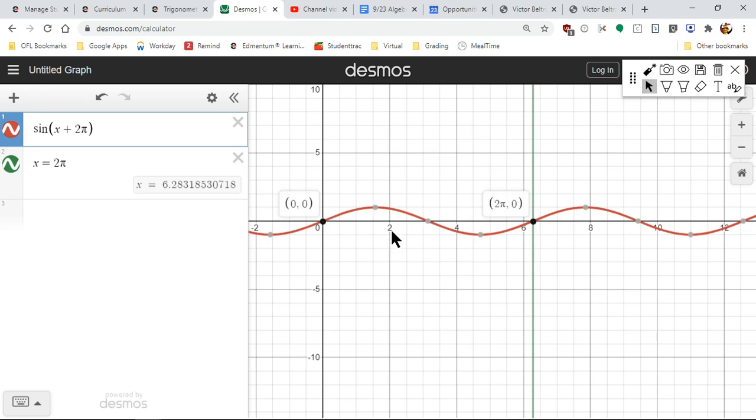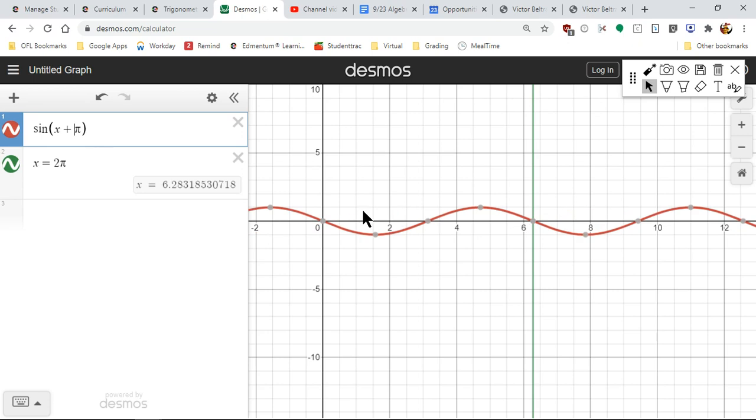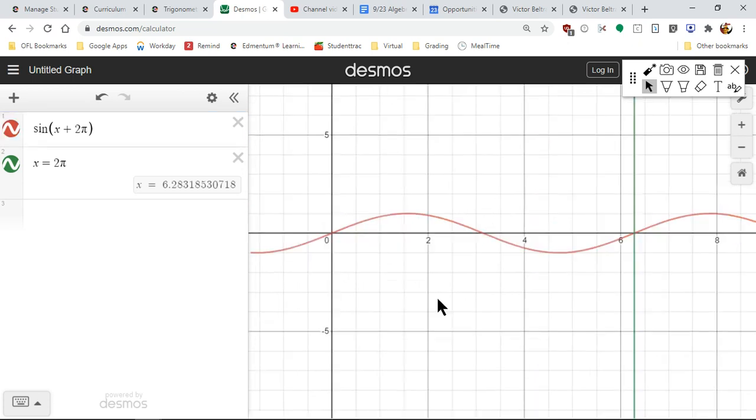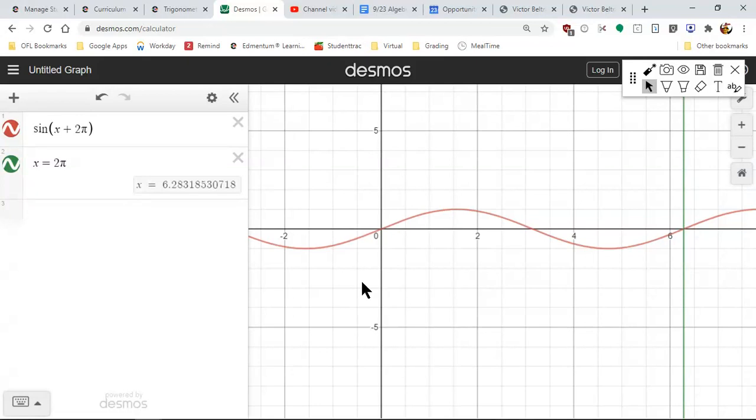It looked like nothing happened at all. What if I only changed the pi though? Oh, it looks like it shifts it. But the thing is, we shifted it an entire unit circle. So even though it looks like nothing happened, it moved over 2 pi. It looks like nothing happened because it moved over enough where it just keeps repeating again.